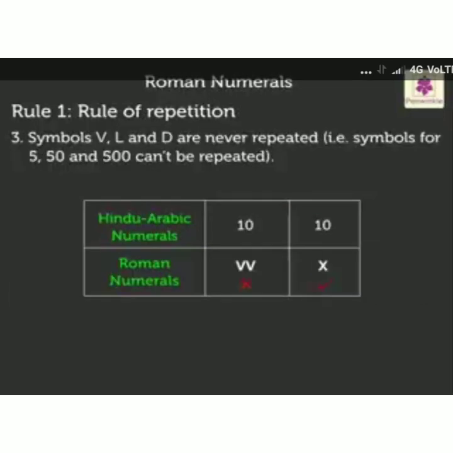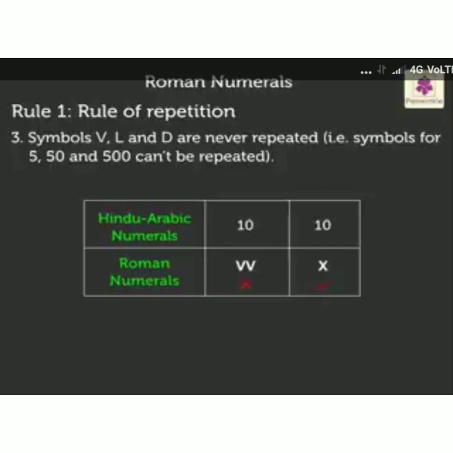Next, rule of repetition, third rule. Symbols V, L and D are never repeated. We know I, X, C, M can be repeated but 3 times, not more than 3 times. Similarly, V, L, D are never repeated. Like 5, 50, 500 cannot be repeated.